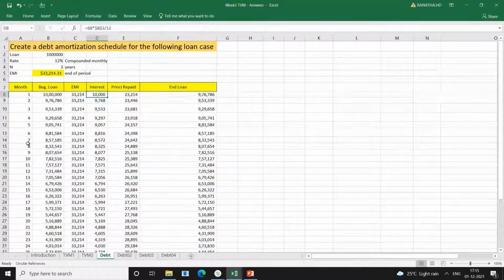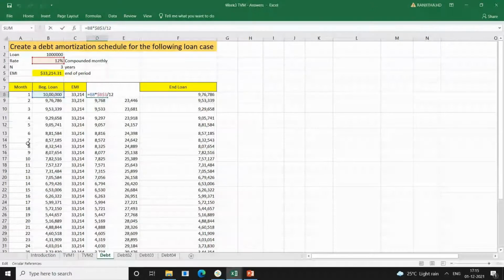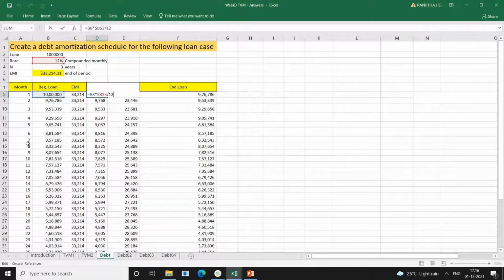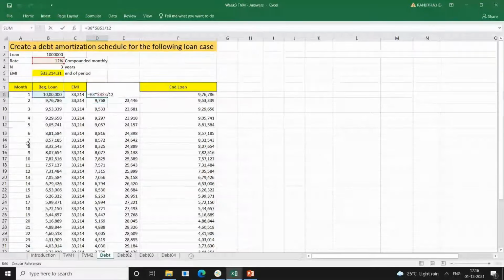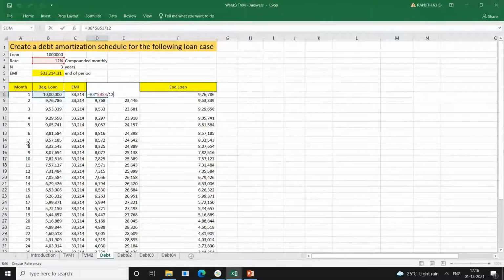If I'm finding the interest rate, you need to find the interest based on the loan amount, then the percentage divided by 12. So here you will make the rate absolute, because the percentage rate will remain the same for all.